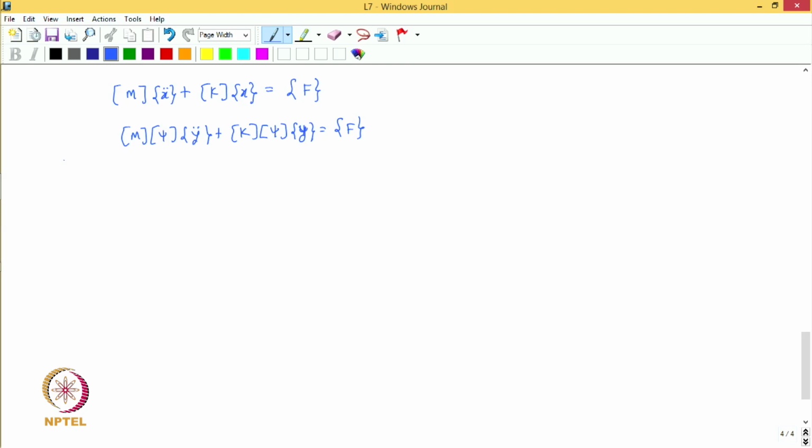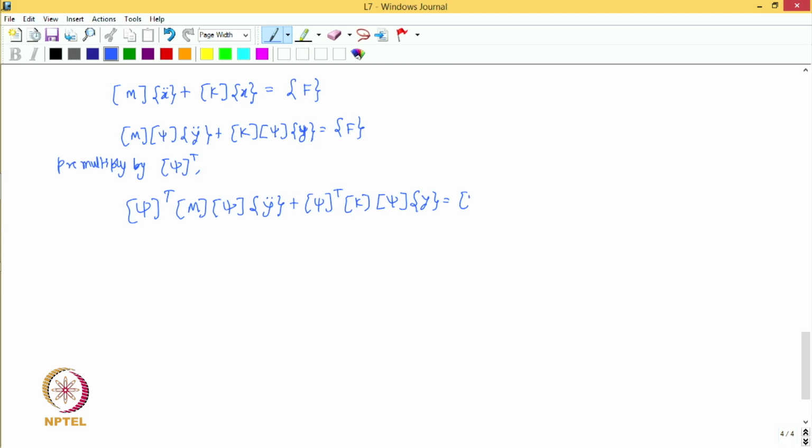And then if we pre-multiply by transpose of psi, then we get psi transpose m psi y double dot plus psi transpose k psi y is equal to psi transpose f.